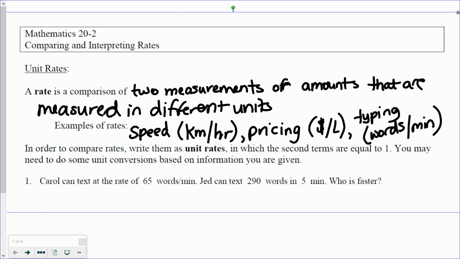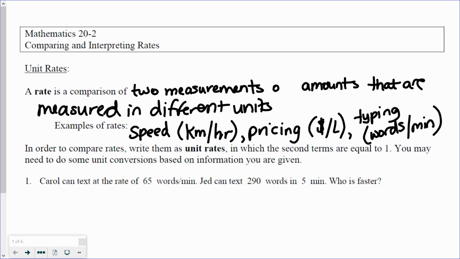So again, two different measurements or amounts, this should say or, I know it looks like it says of, that are measured in different units. So in order to compare rates, we write them as unit rates in which the second terms are equal to 1. So it's always like kilometers per 1 hour and pricing per 1 liter and number of words per 1 minute. That's called our unit rate.